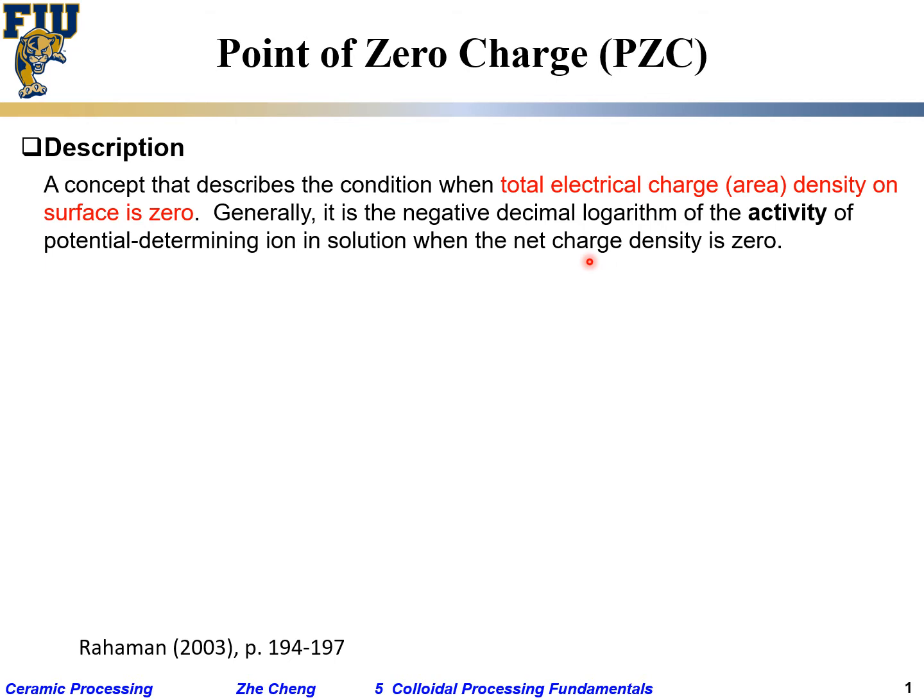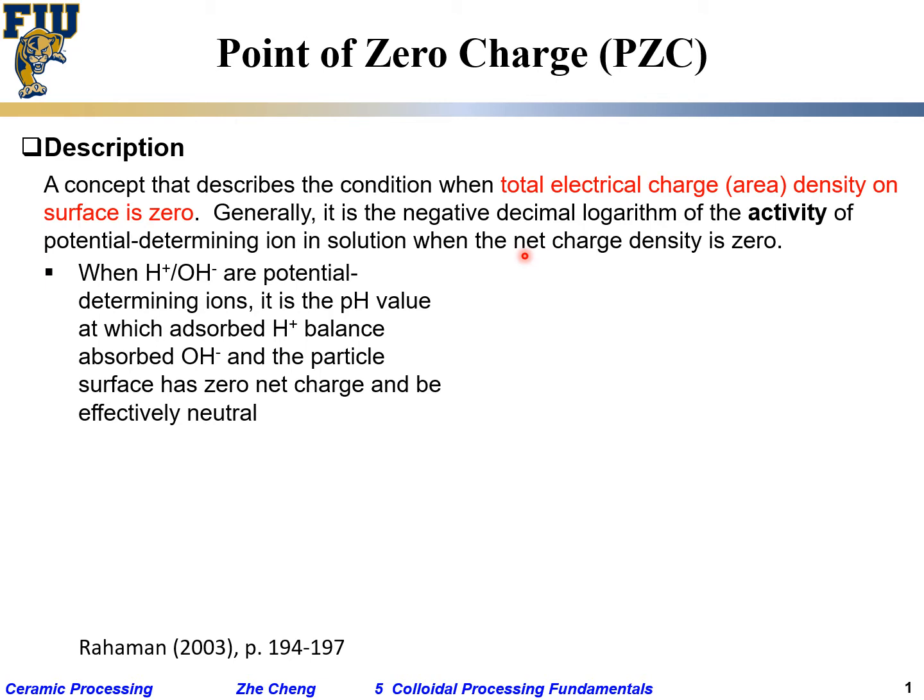Okay, PZC. And if we're talking about proton or hydroxy group as the potential determining ion, in water or aqueous solution, the pH value is where the number density of adsorbed protons balances the number density of adsorbed hydroxy groups. So the surface always adsorbs some protons.